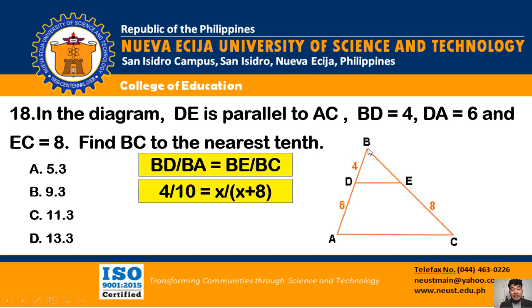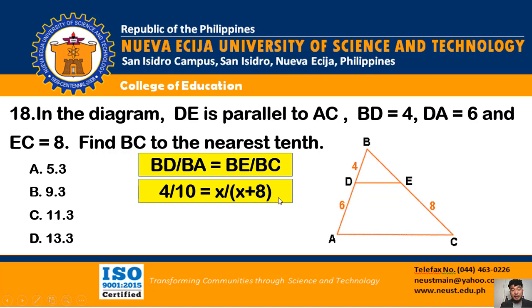So we set BE equals x. So we'll have BD, which is 4, then BA is 10, because 4 plus 6 is 10. And then, if BE is x, then BC is 8 plus x, or x plus 8.